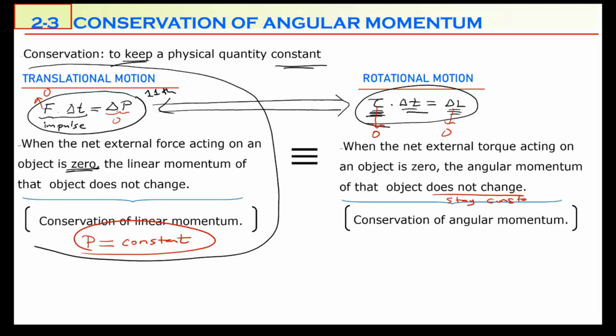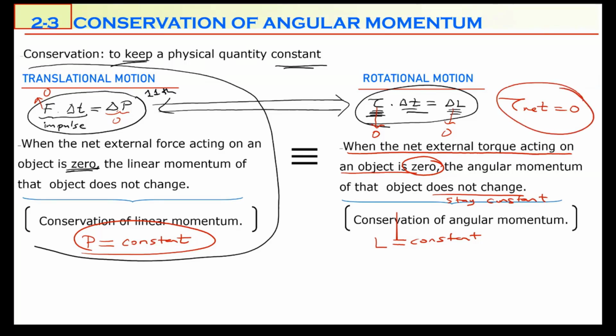So what is the condition? The condition is this: when the net external torque acting on the object is equal to zero, the object's angular momentum cannot change. Its angular momentum will stay constant. This is called conservation of angular momentum.